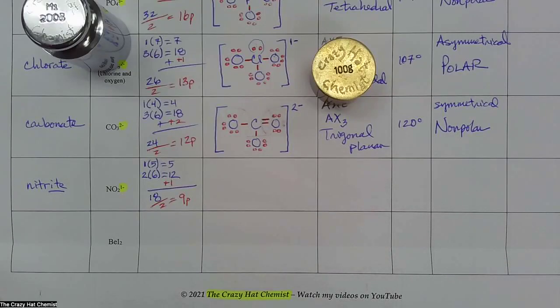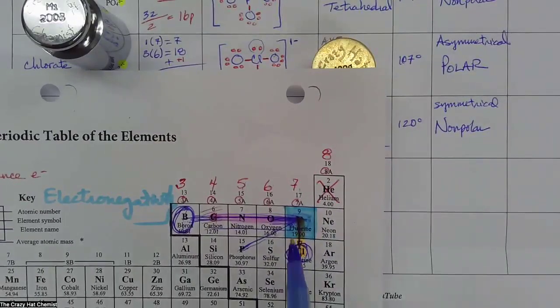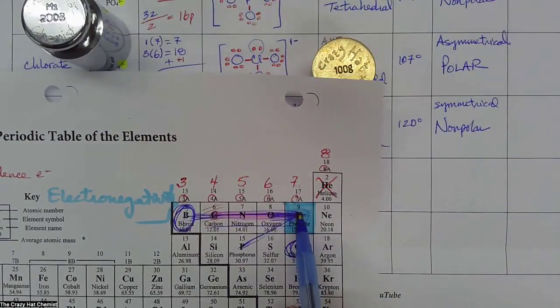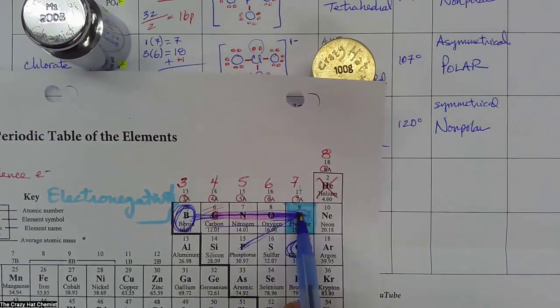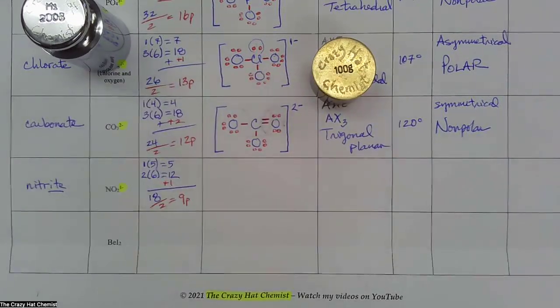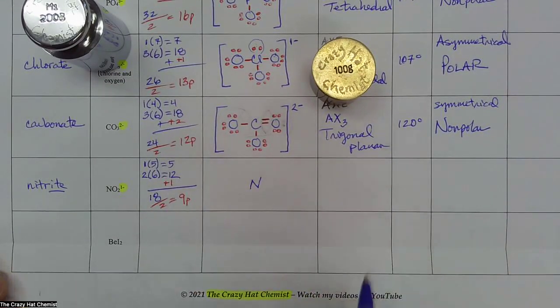The least electronegative element is the one that goes in the middle, but never hydrogen. The least electronegative is the furthest from fluorine. So I have a choice of either oxygen or nitrogen. Which one's farther from fluorine? It's the nitrogen. So that means that the nitrogen is going to go in the center, just like that. All right, fantastic.